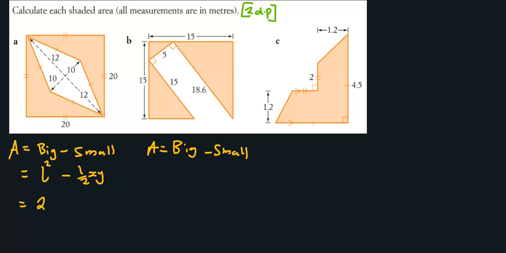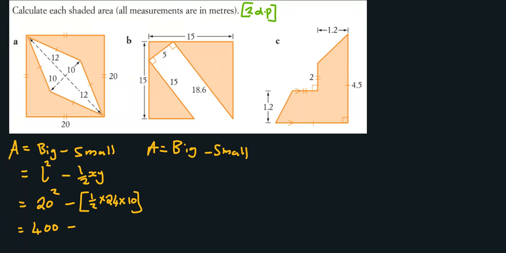So this gives 20 squared minus, I'm going to use brackets. I think square brackets sometimes make the problem look a lot neater. And it's the full length of the diagonal. So we've got 24 multiplied by 10. Okay, so I hope you can all see that 20 squared is 400.